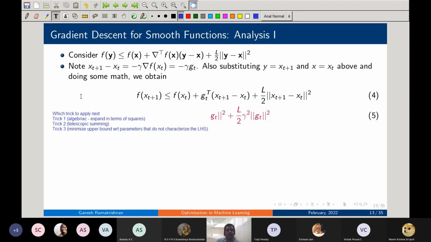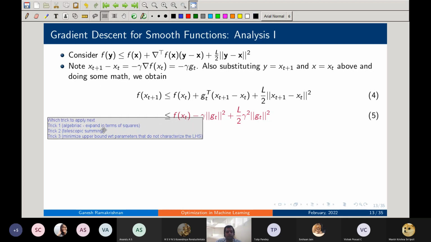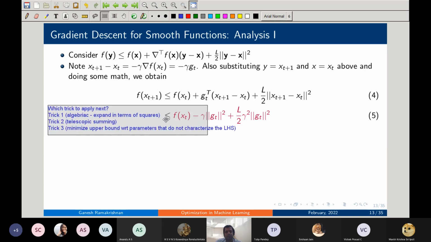So do you have a case like that here? Anyone? The third one comes to your mind. There could be more tricks we add to our kitty, but from these, it looks like the third is the most reasonable one to apply next.